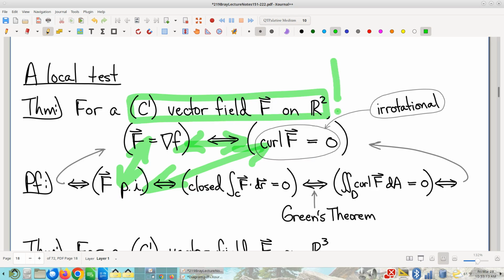And these conditions right here, I need the vector field not only to be defined everywhere, I need it to be C1 everywhere. And we're sailing over some deep water at the moment. There are very nasty little issues that come up if either one of these conditions fails.